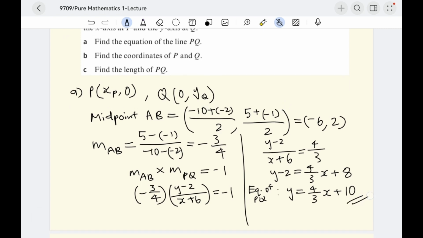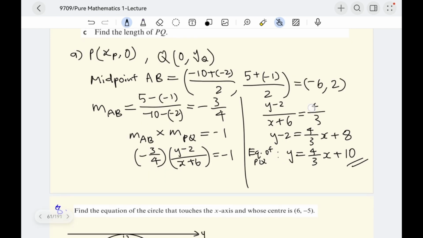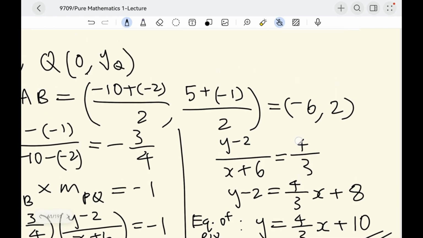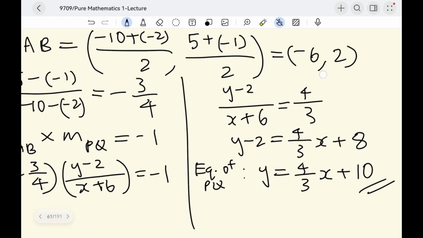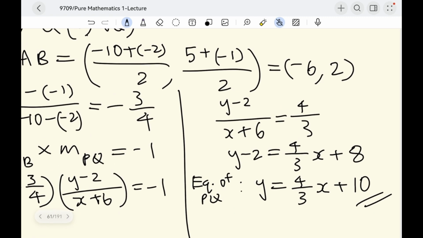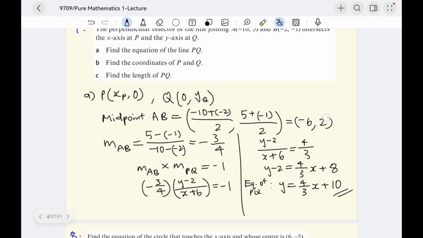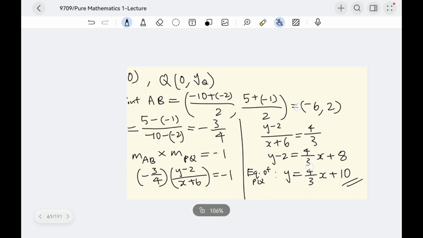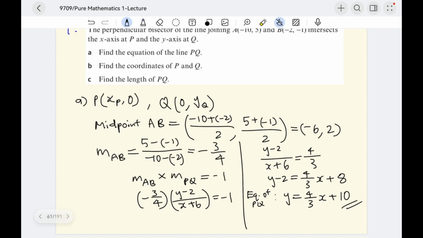I prefer to write it in the gradient form, but if you want to write it in the general form, it is also acceptable, as long as your equation is equivalent to the answer, following the marking scheme of the external examination past papers.